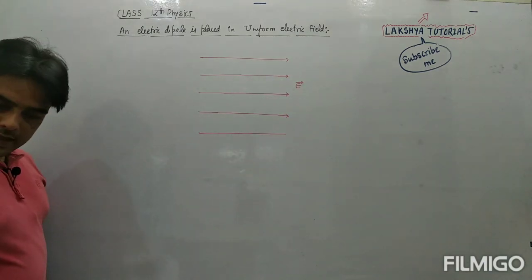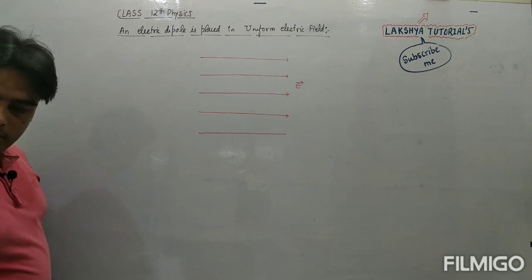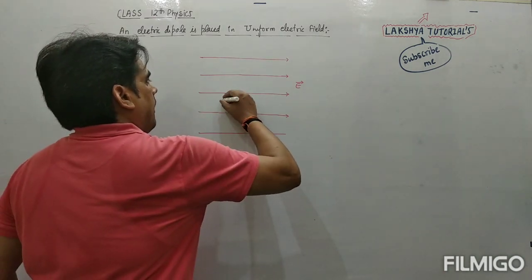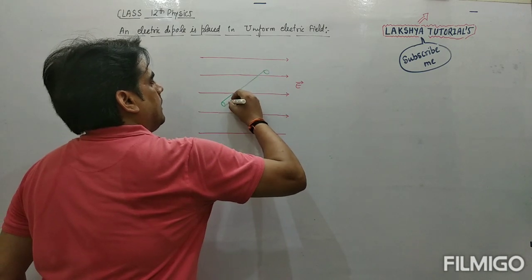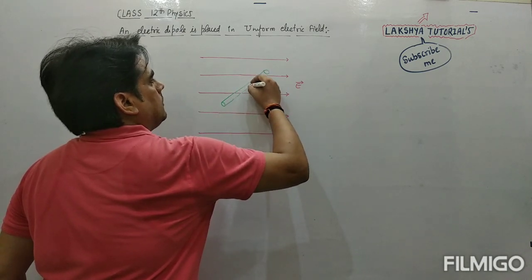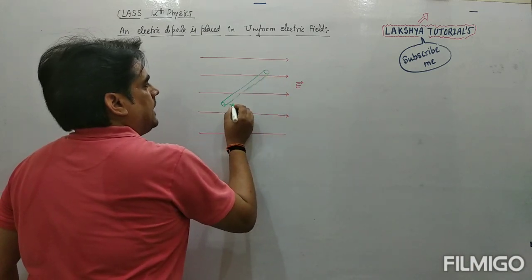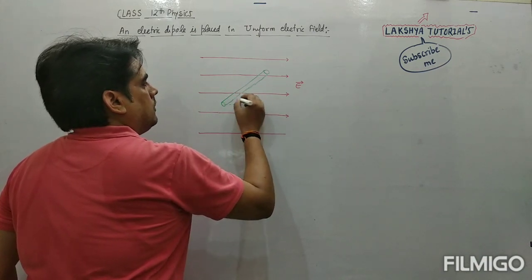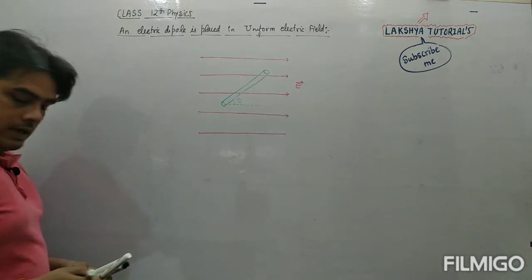When you place an electric dipole in it, like this, let this be a dipole placed in an electric field, with the direction of the electric field making angle theta.